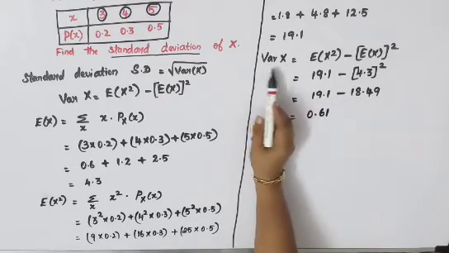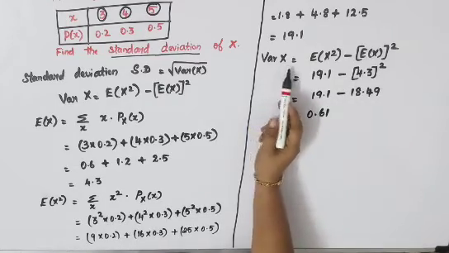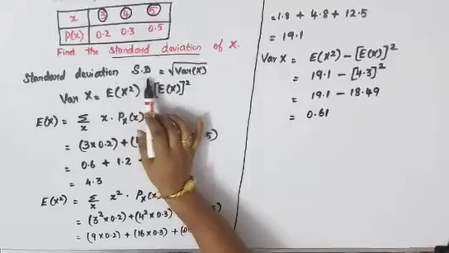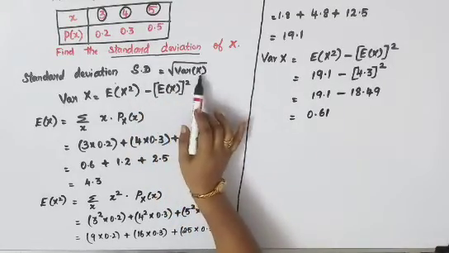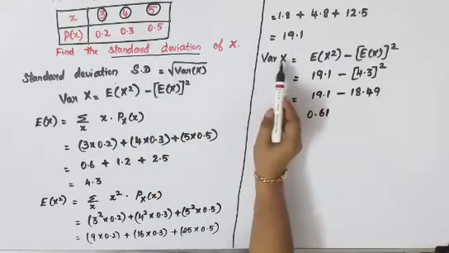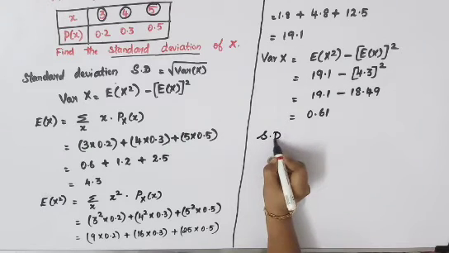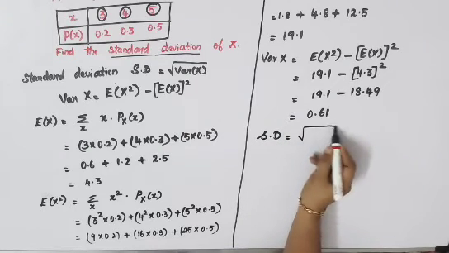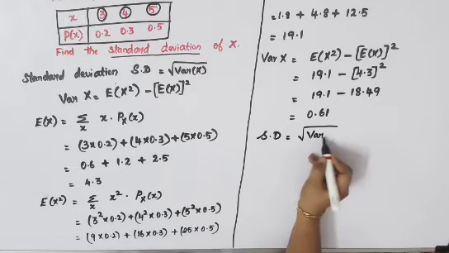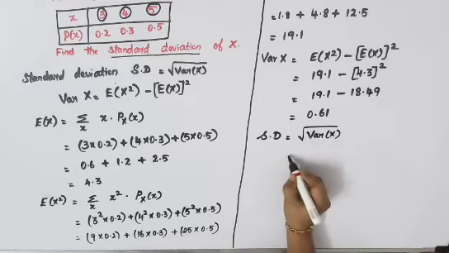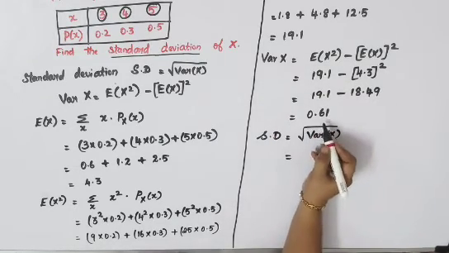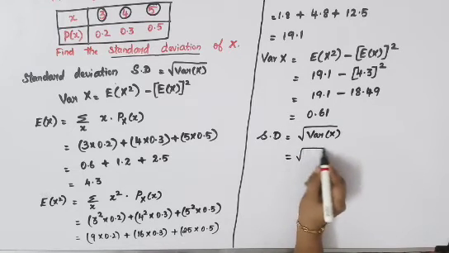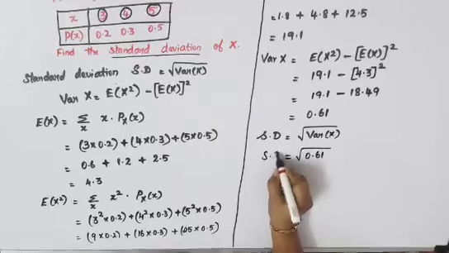Now we have got variance of x. Our aim is to find standard deviation, that is standard deviation is equal to root of variance of x. We have got variance of x as 0.61, so root of 0.61 will be your standard deviation.